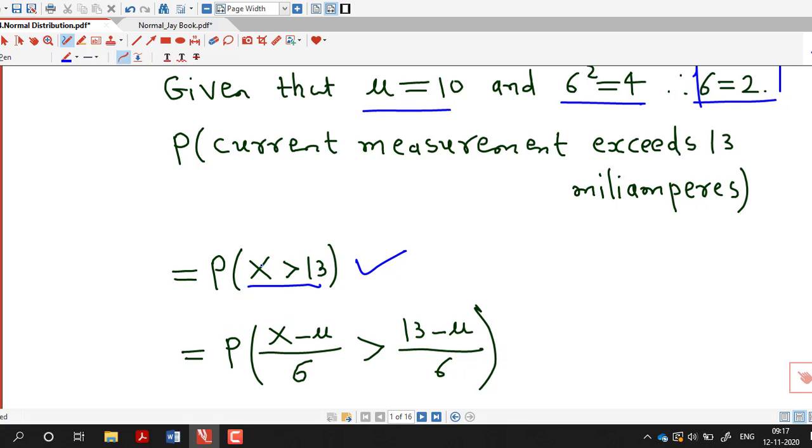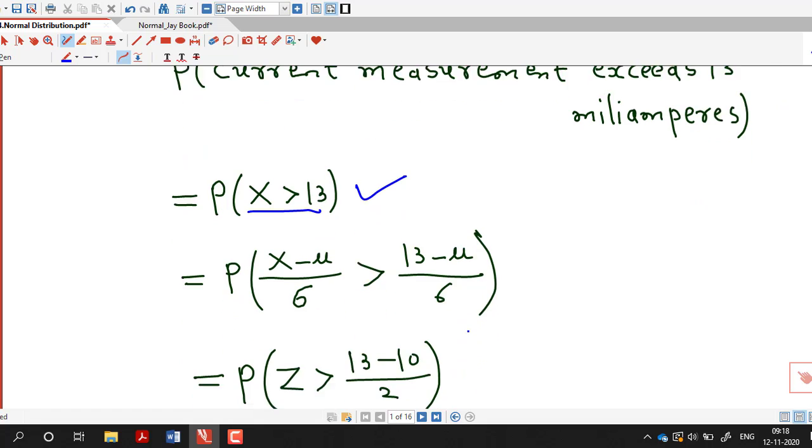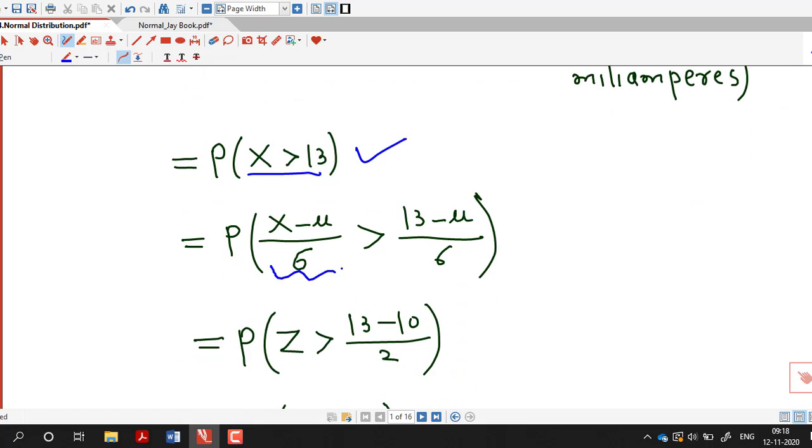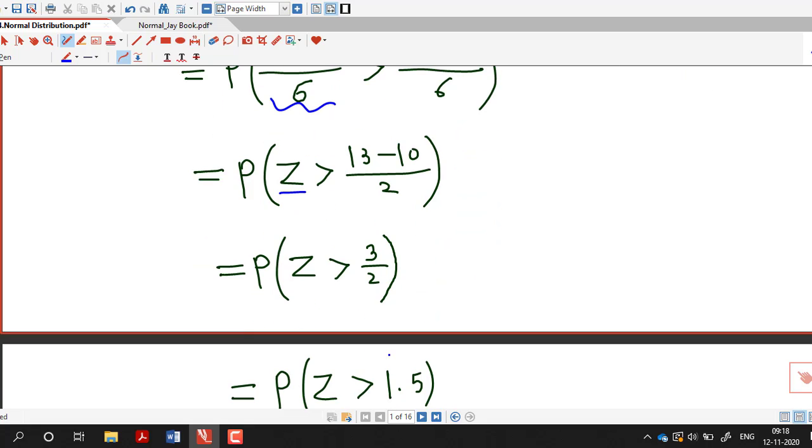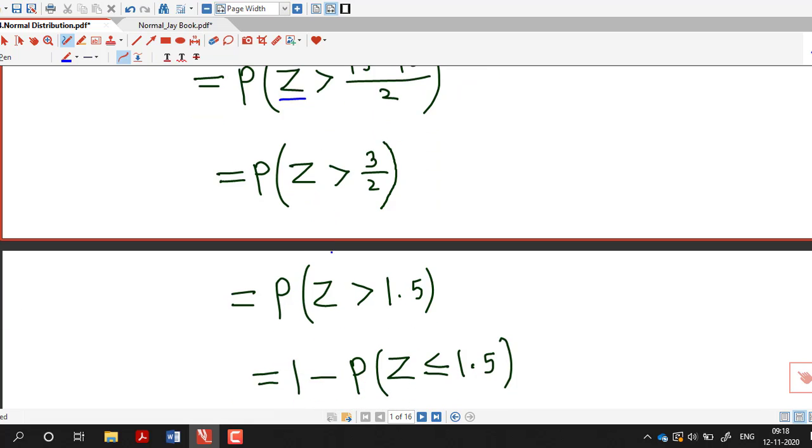So we take (x minus mu) over sigma greater than (13 minus mu) over sigma. This is the standard normal random variable capital Z, and we substitute mu is 10, sigma is 2. So this is the probability that Z is bigger than 3 by 2.